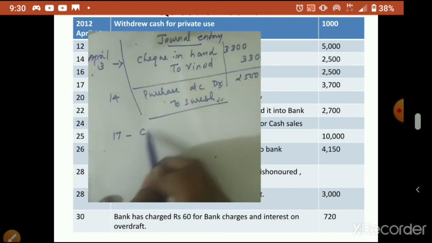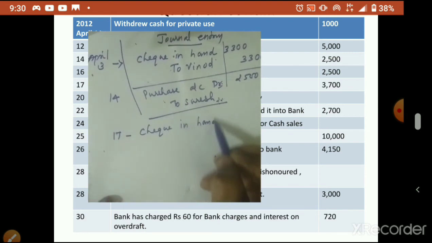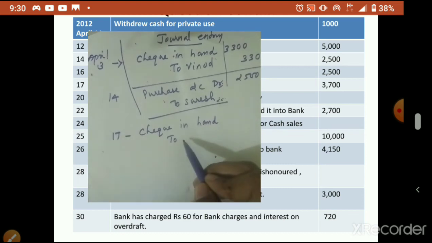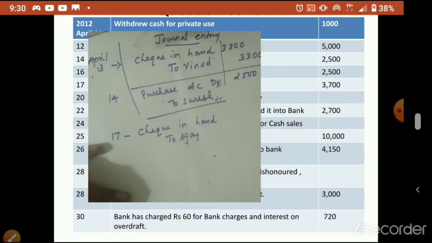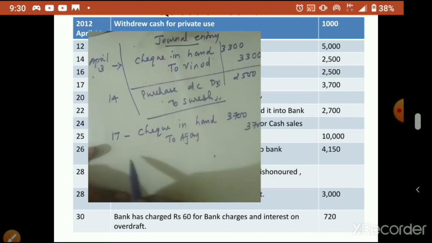So what do we write? Check in hand, because the same day it is not deposited, moreover it is endorsed. So the endorsed case also will not go to the cash book, we have to pass a separate journal entry. So check in hand to who? Ajay. How much? 3700. Narration also you write.